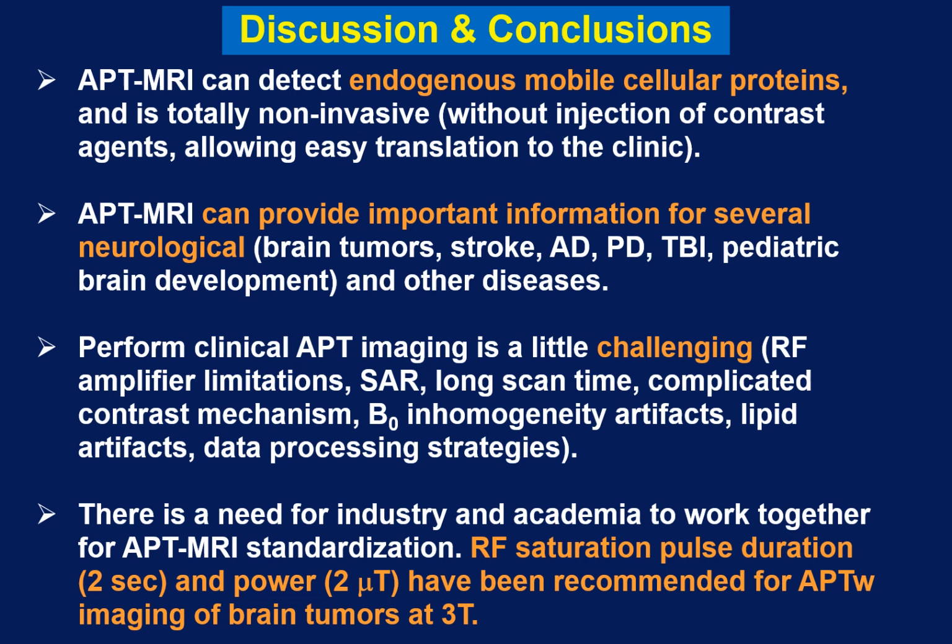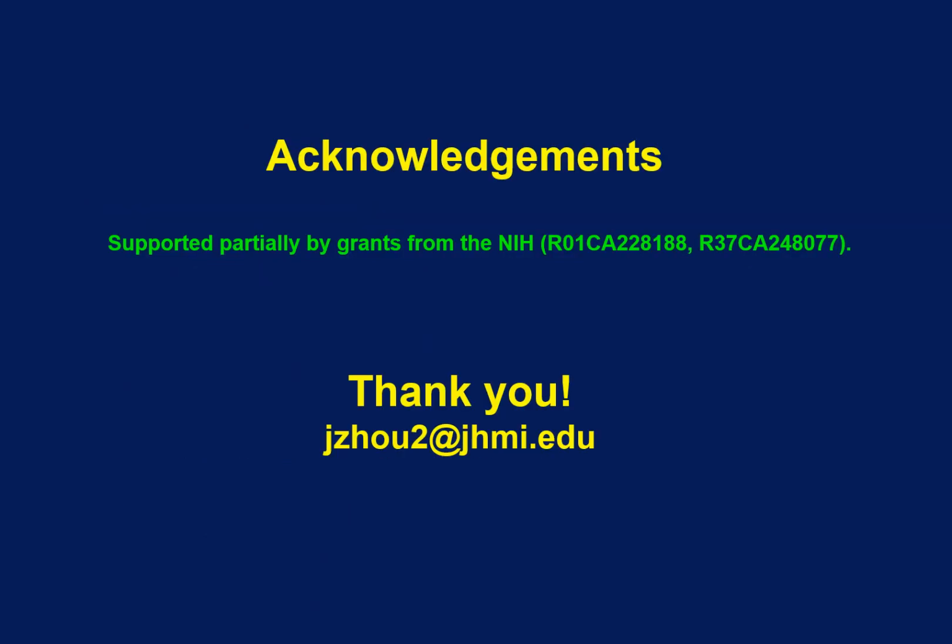So there is a need for industry and academia to work together on APT MRI standardization. So we recommend using 2 seconds at 2 microtesla for APT MRI imaging of brain tumor at 3 Tesla. Thank you very much.